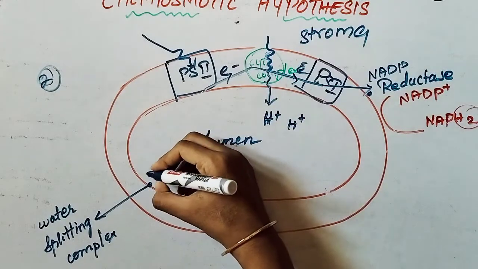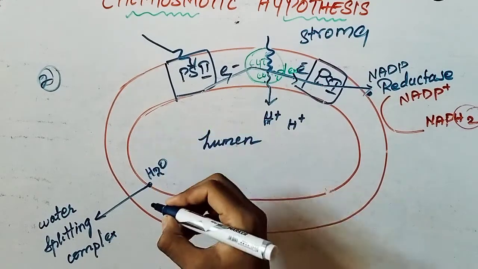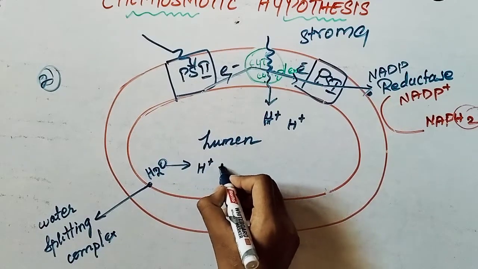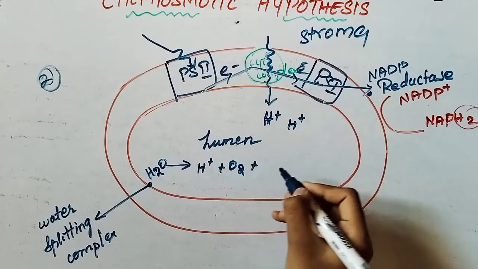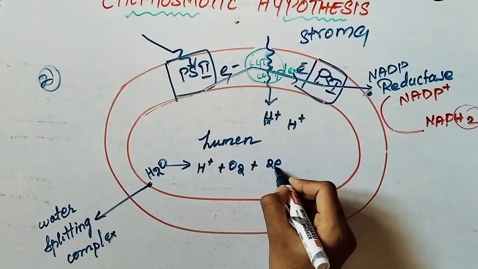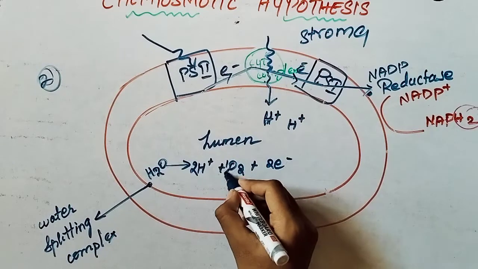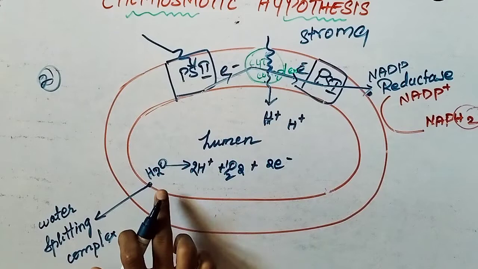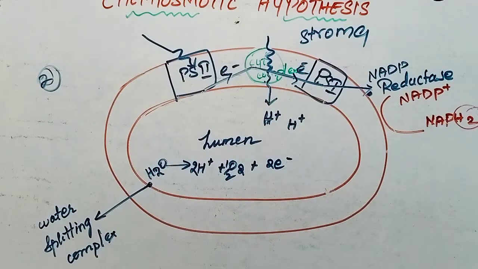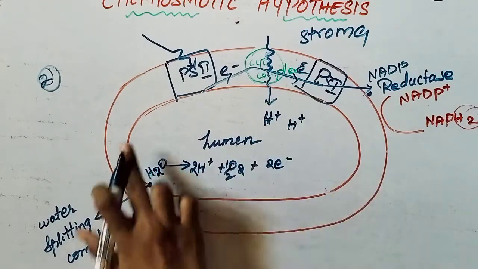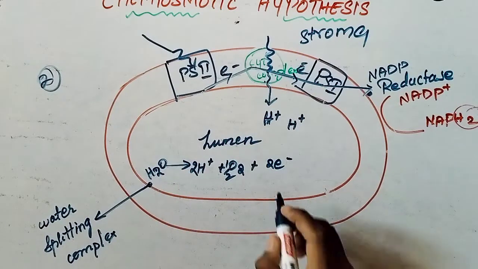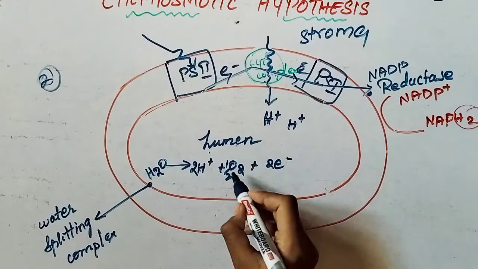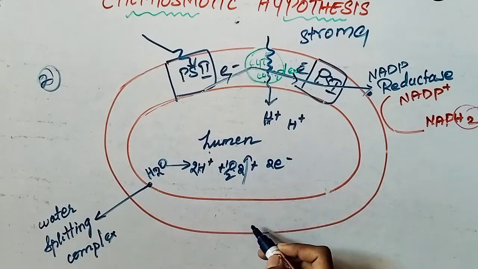Here H2O is broken into 2H plus, half O2 and 2 electrons. These are the products when one H2O is broken down inside the inner membrane of the thylakoid. So this H plus accumulates over here itself, and the oxygen goes to the atmosphere.